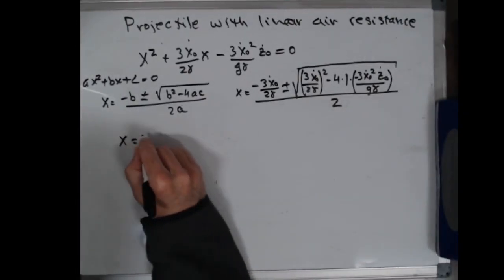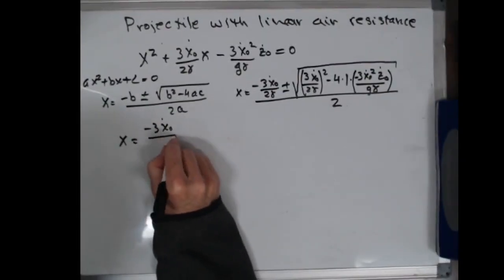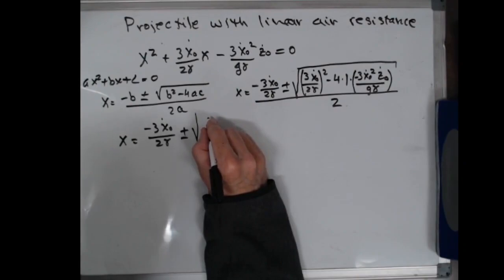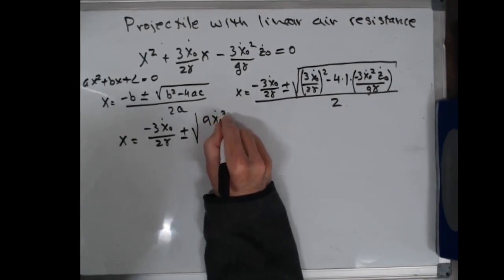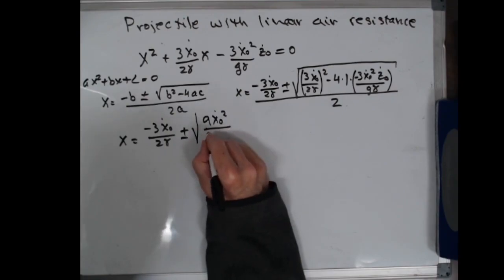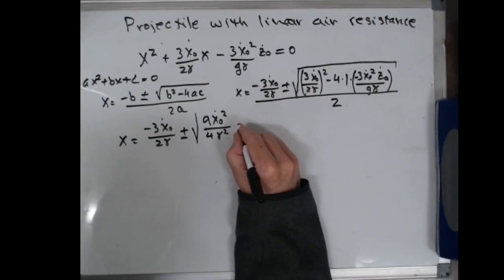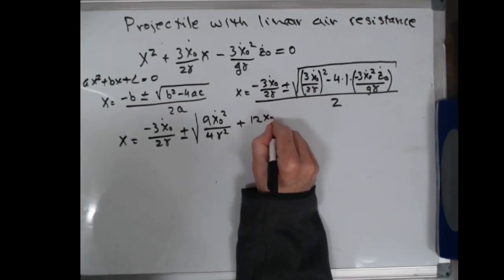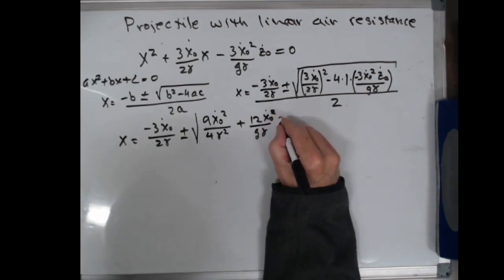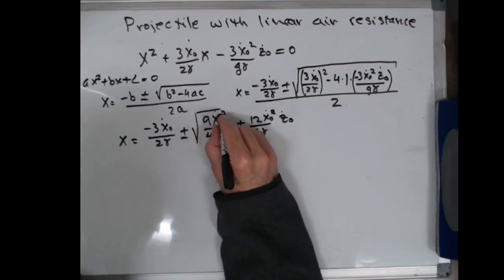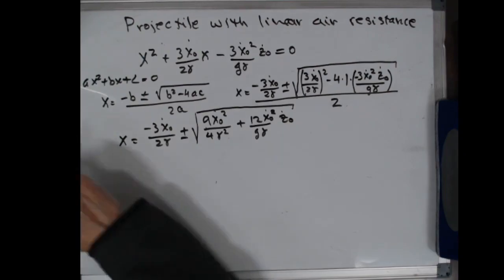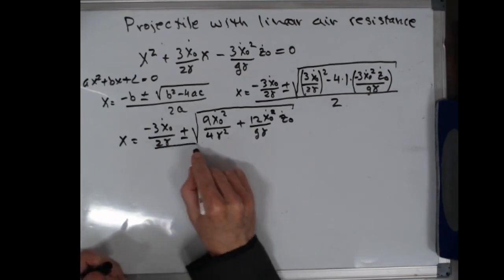All right, and so that gives me x equals negative 3x naught dot over 2 gamma plus or minus the square root of, and so this is 9x naught dot squared over 4 gamma squared plus 12x naught dot squared over g gamma times z naught dot. All over 2.